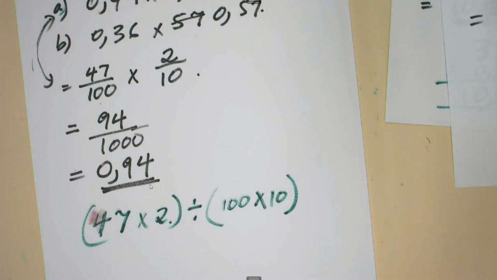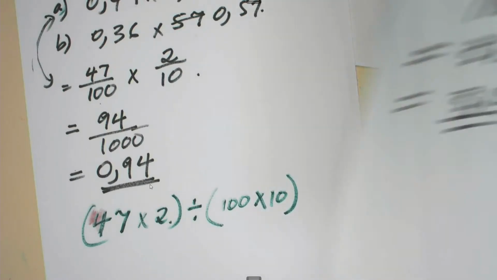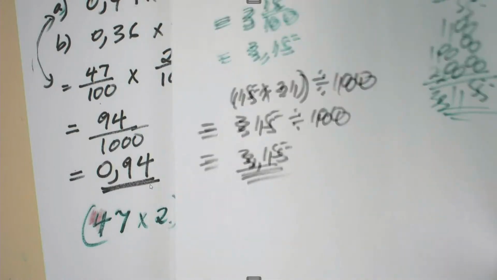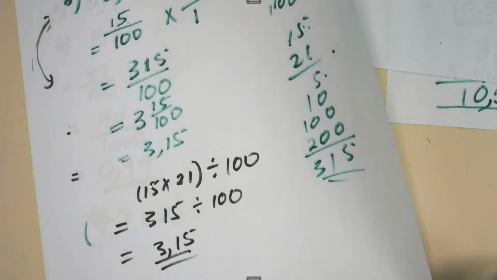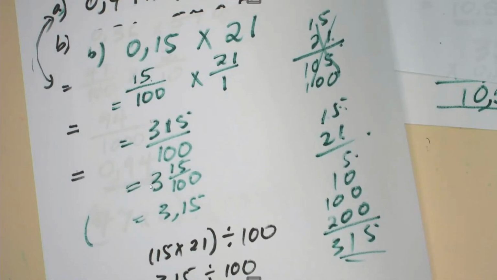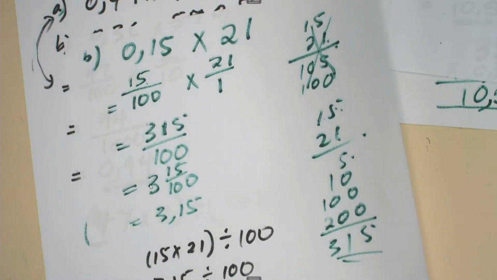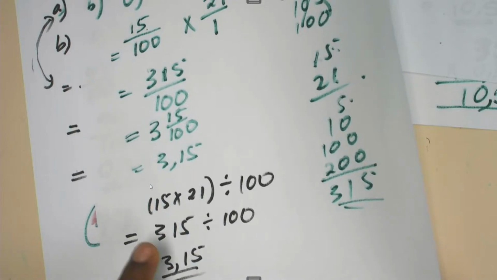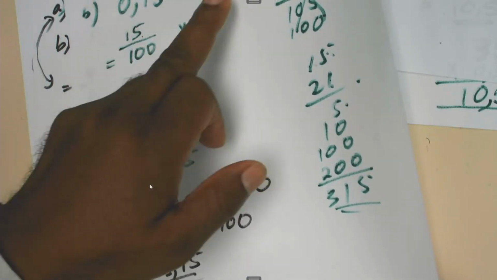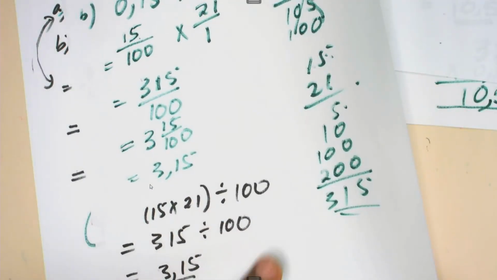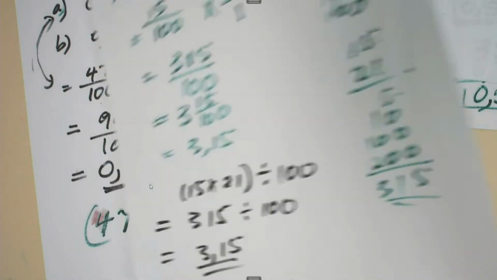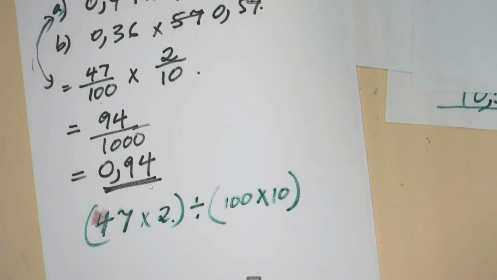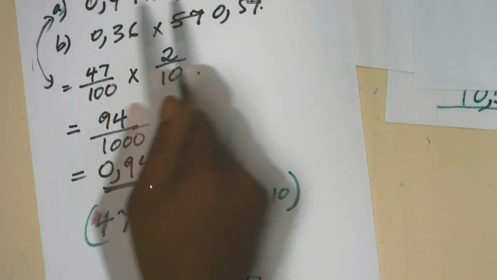Can I quickly see this one where we had only 0.15 multiplied by a whole number. That's why we had this. We said 15 multiplied by 21 divided by 100, because of the hundreds. But now we are having the decimals.